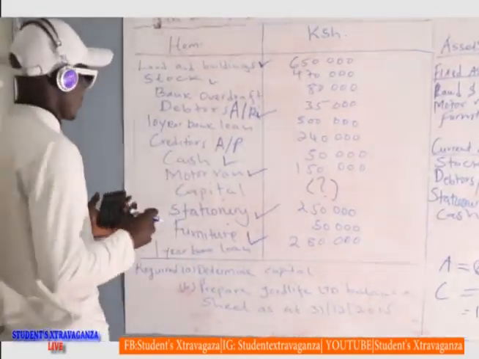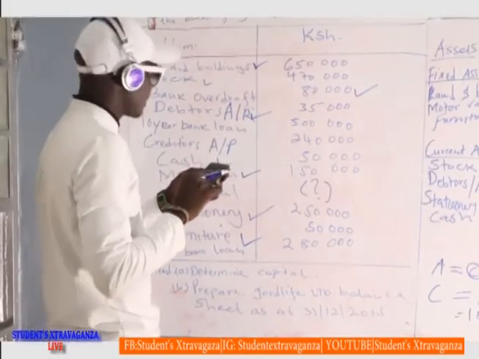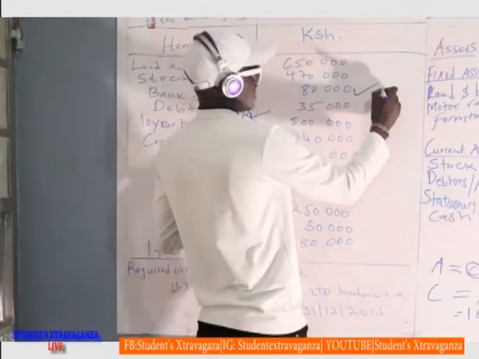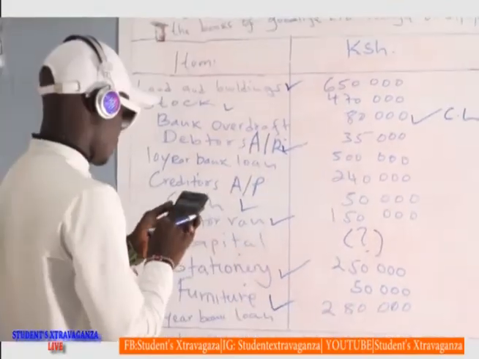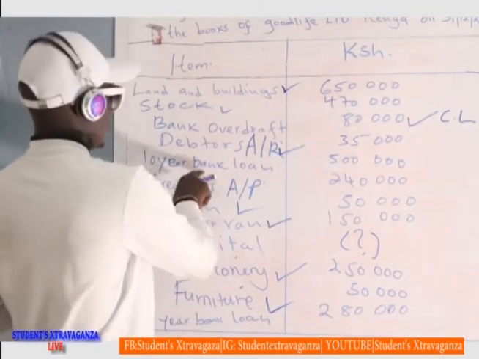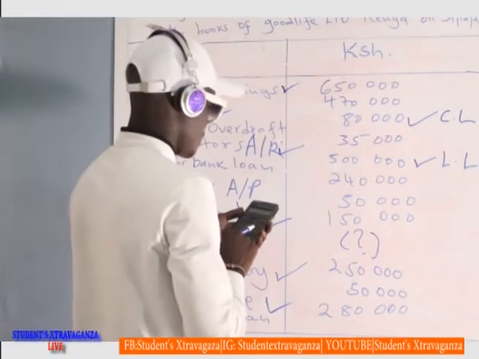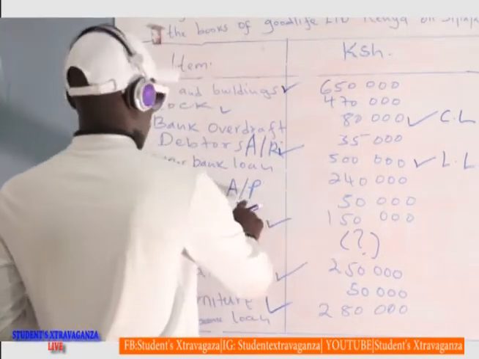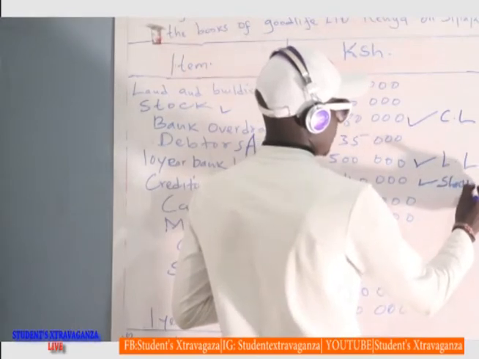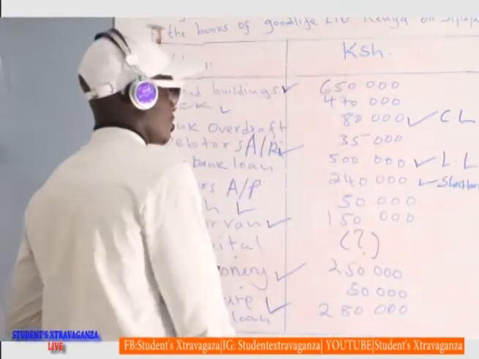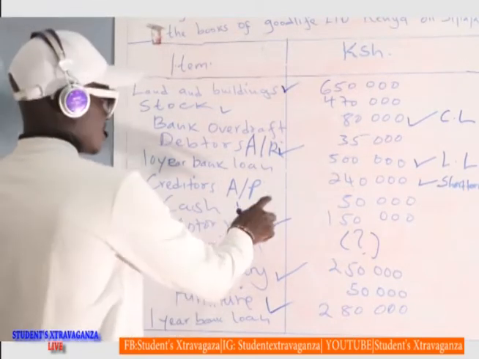Our total liability: we have bank overdraft, which is a current liability, 80,000, plus the 10-year bank loan, another liability, a long-term liability, 500,000, plus creditors, a short-term or current liability, 240,000.